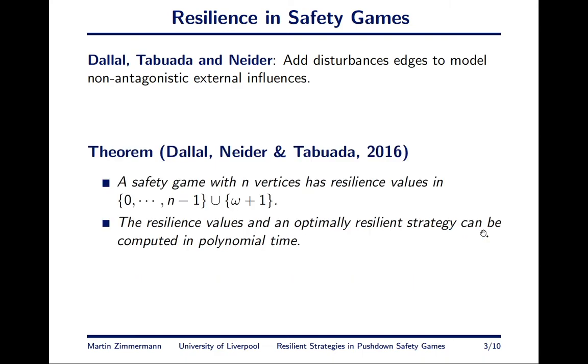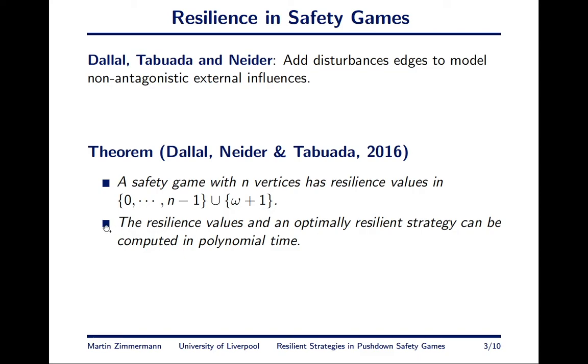And in general, Neider and Tabuada showed in 2016 that if you have a finite safety game with n vertices, then the finite resilience values are bounded by n minus 1. So that's the largest finite value you can have. And you can have this infinite value omega plus 1, okay?